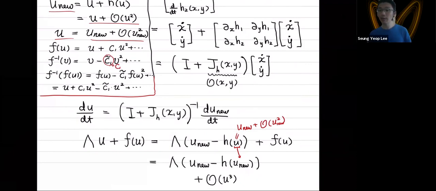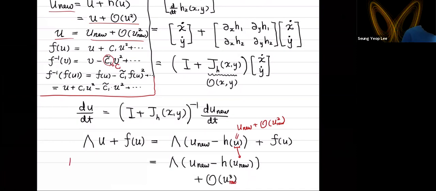And h is already quadratic, starting from u, big O of u squared, or big O of the argument squared. Therefore the error here will be higher order.